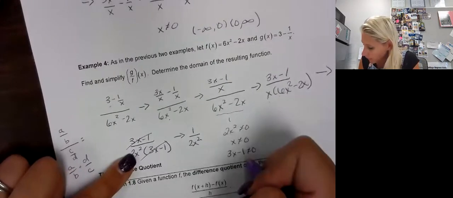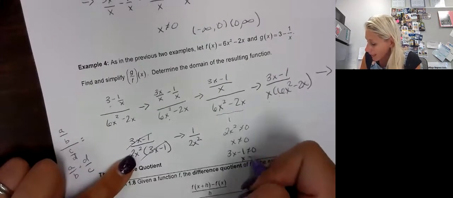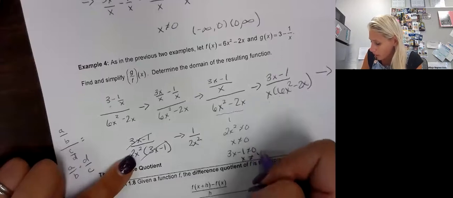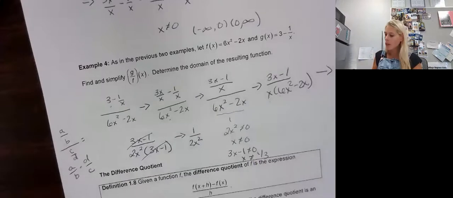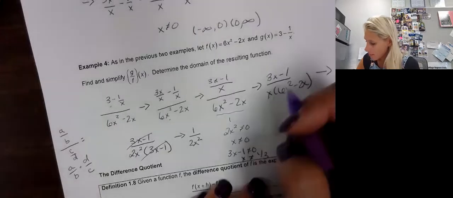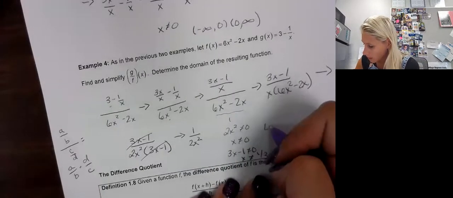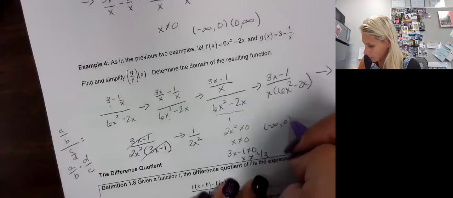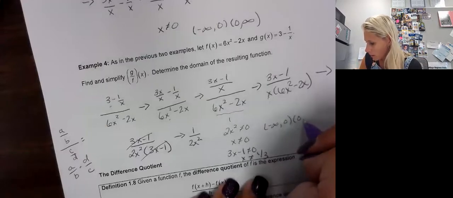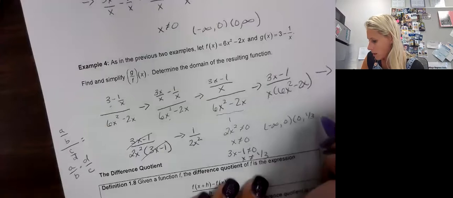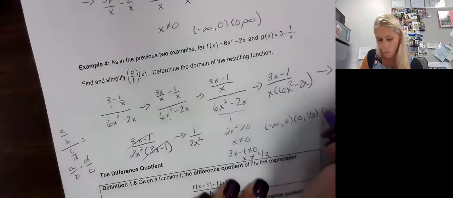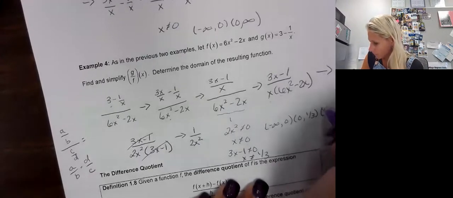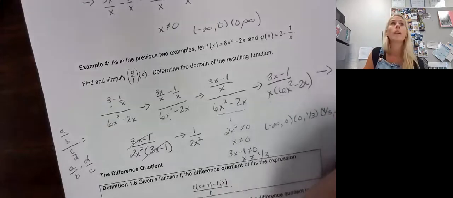And when I solve for that, I get x can't equal 1/3. Now, if I write the domain, I go negative infinity to 0, 0 to 1/3, and 1/3 to infinity. Okay.